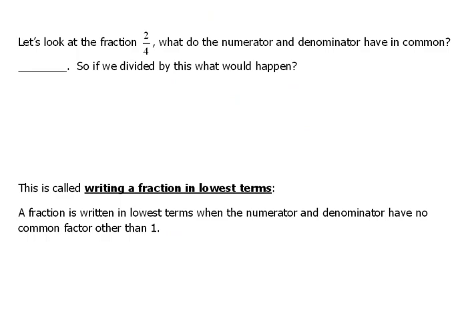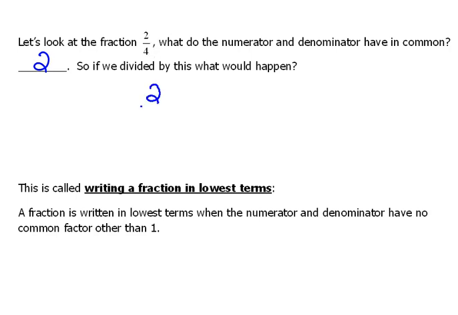Alright, now let's look at the fraction 2/4. So again, look to see what the numerator and the denominator have in common as a factor. Did you say 2? Each one of these is divisible by 2.